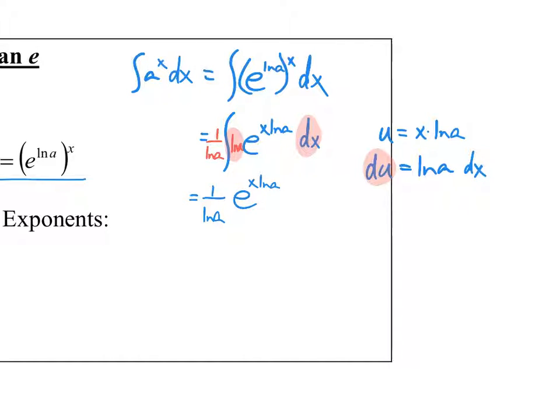We can rewrite this again: 1 over ln of a times e to the ln of a to the x power, and e to the ln of a equals a. So it's 1 over ln of a times a to the x, and now we'll throw in the plus c. So this is where this rule comes from.